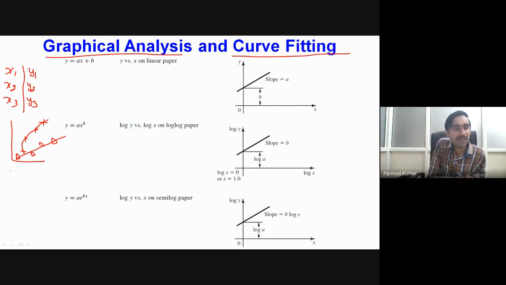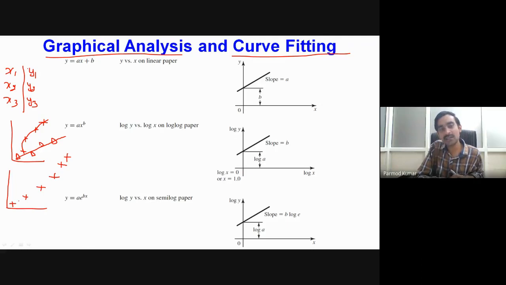For example, say my data set follows this type of trend. Now I am not sure whether I should fit a quadratic equation, a cubic equation, a fourth order polynomial, a power law equation, or an exponential equation. That is something we cannot figure out.